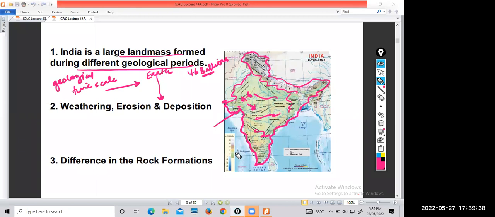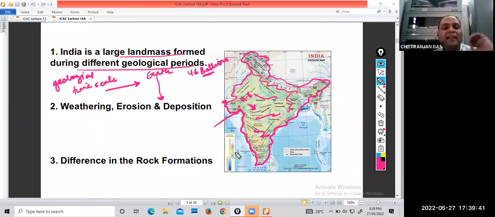Yes, sir. So the first reason is that there has been a variation across the geological time scale, and during different parts of it different activities were happening. थोड़ी अभी clarity आएगी जब हम next slide पे जाएंगे.